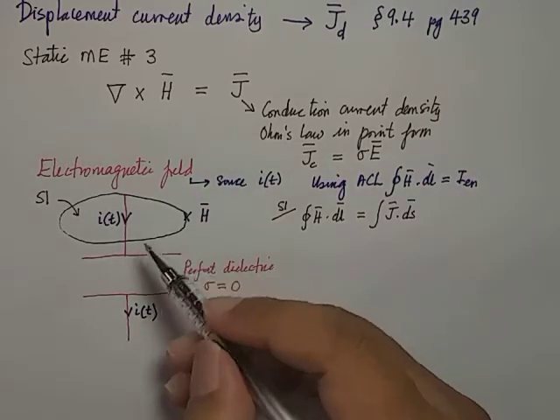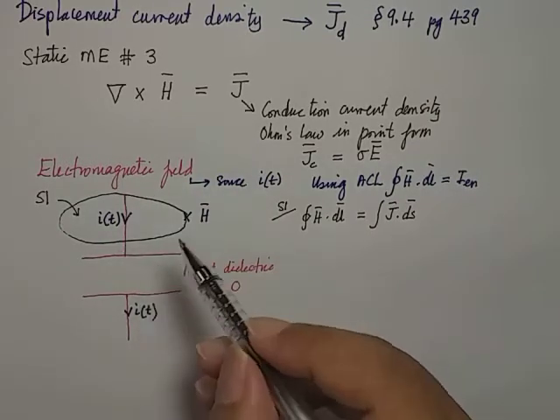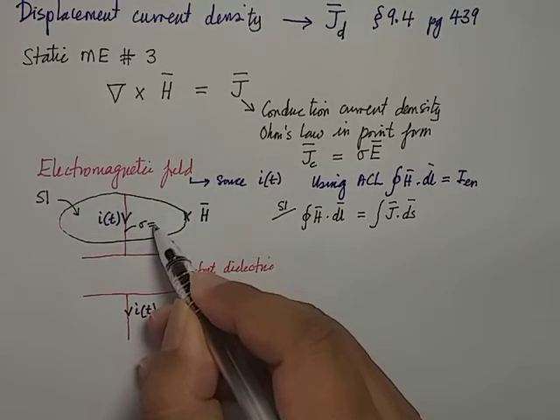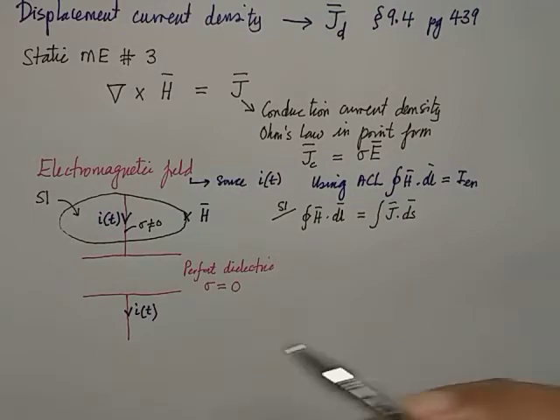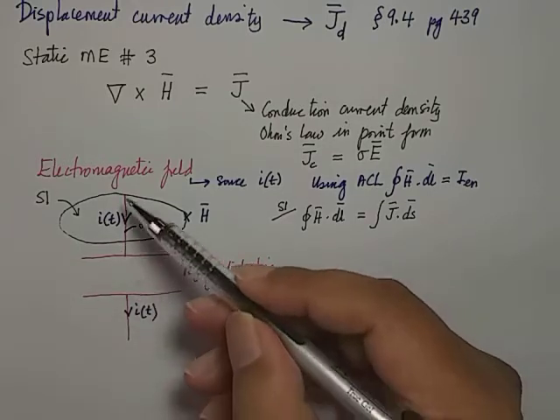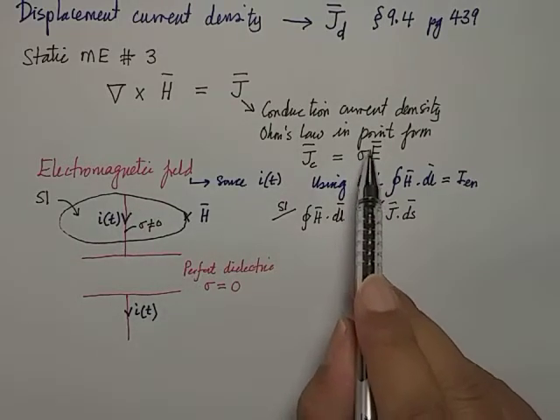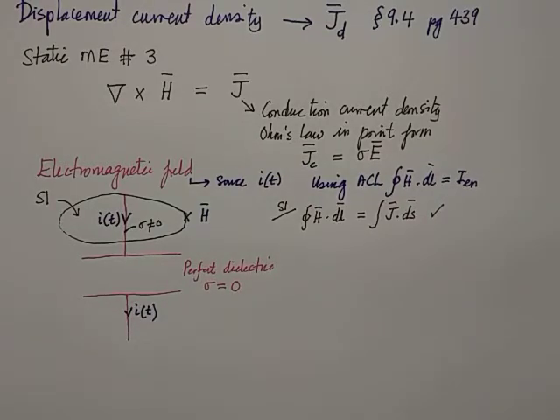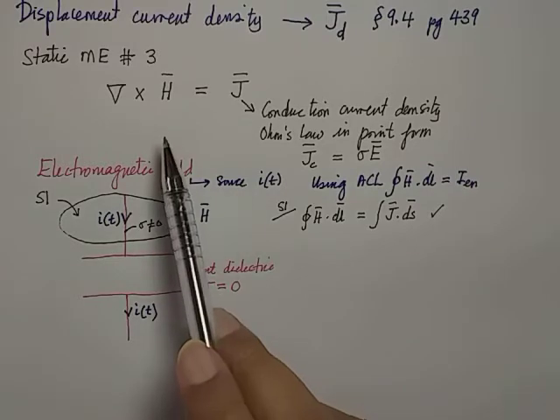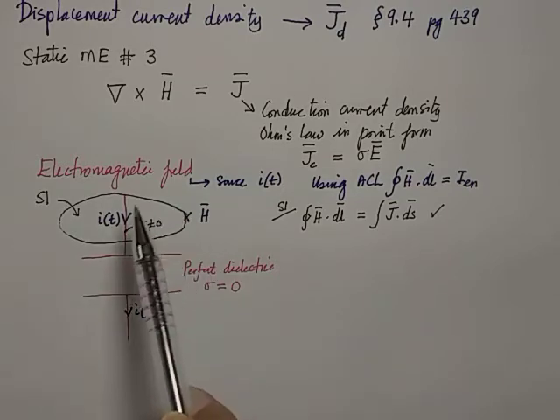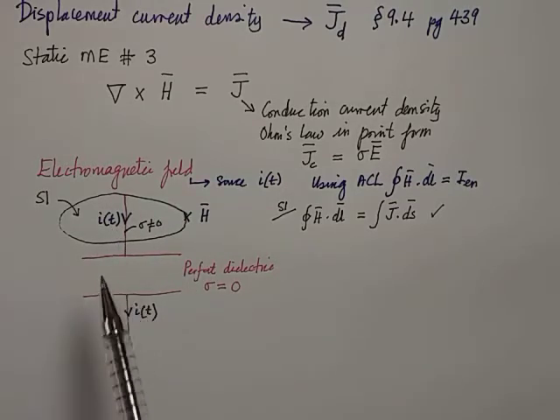Since we can see now a conductor passing through the area S1, and this conductor has sigma not equal to 0, current does exist, and this current is known as conduction current. So therefore this equation is valid, meaning that Maxwell found that this equation can be used in this particular reference.